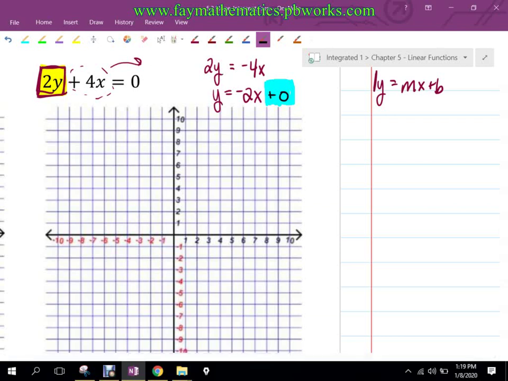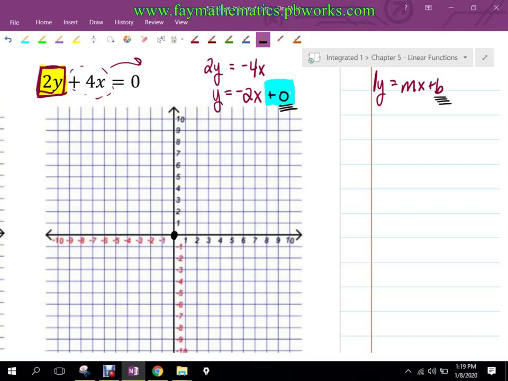Now, why would I do that? Why would I maybe think about writing it that way, at least in this first example? So I know my y-intercept. That right there is matching up to the b. Okay? So my y-intercept is 0. So that's the point, it's the origin in this case, right? When your y-intercept is 0, it's the origin. So that's kind of a unique thing. That means that your y-intercept and your x-intercept are the exact same point.